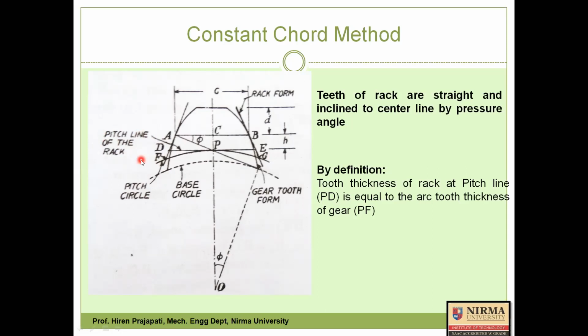Then, as per the law of gearing between rack and gear, this pitch line of the rack is tangent to the pitch circle. If you consider this arc F to G, that is a segment of the pitch circle. The pitch line of the rack is tangent to pitch circle FG.